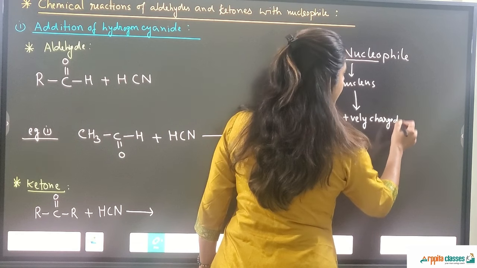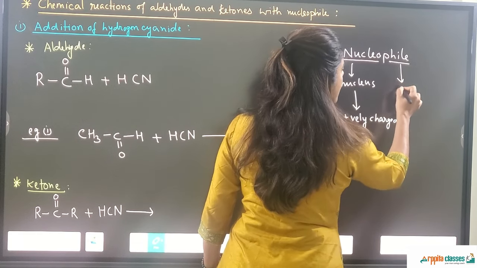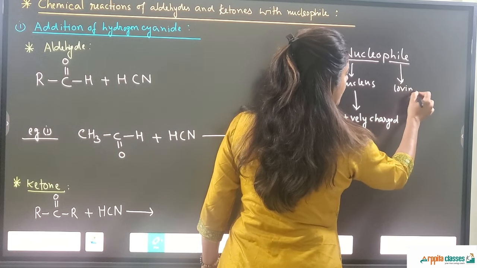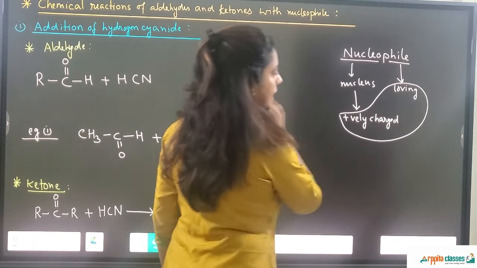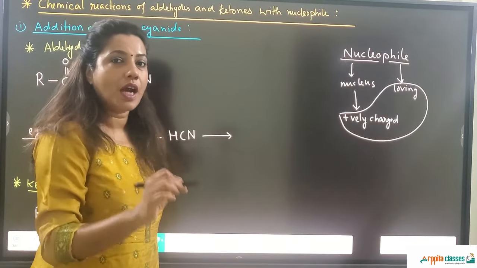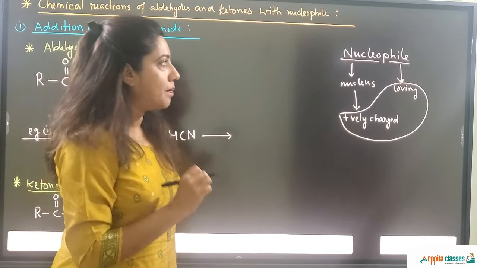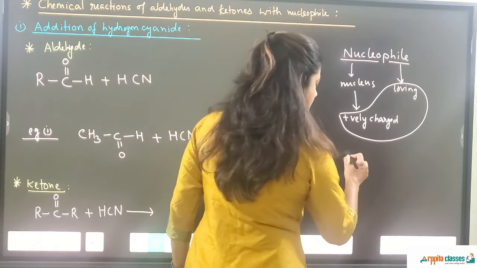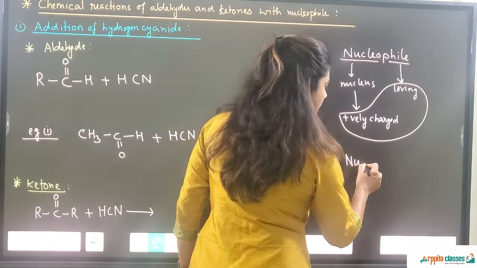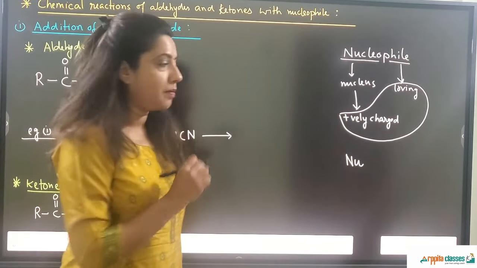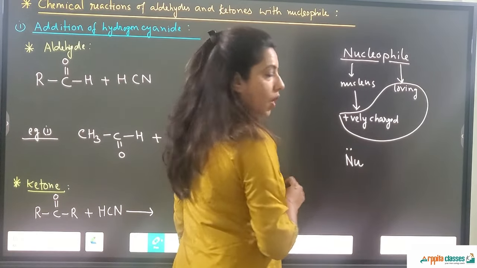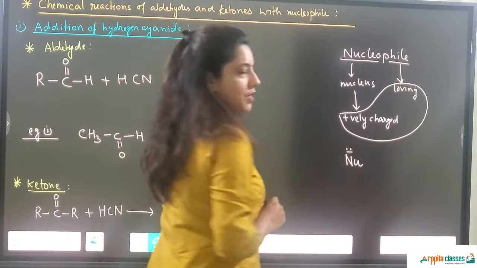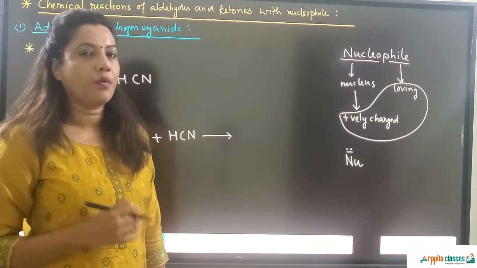And the meaning of phile is loving. So the overall meaning of nucleophile is positively charged loving. That means a nucleophile is a species which either has a lone pair of electrons or contains a negative charge. That is called a nucleophile.